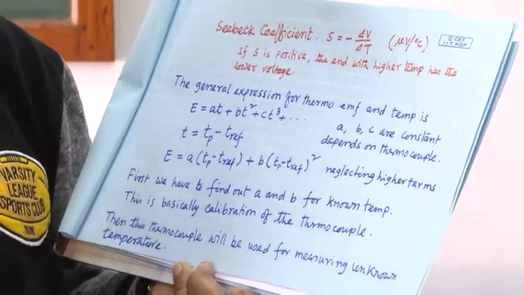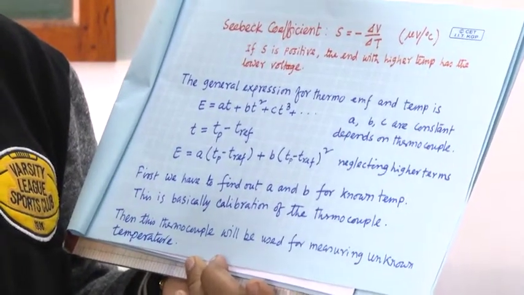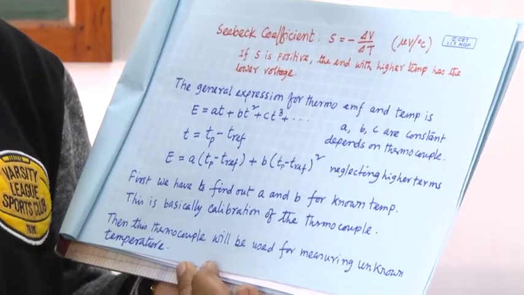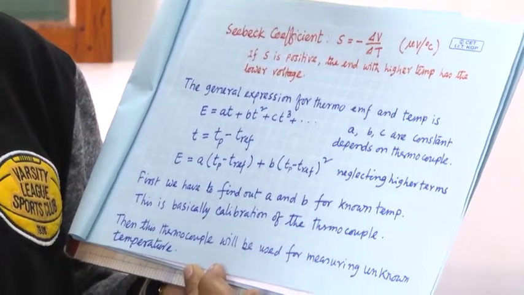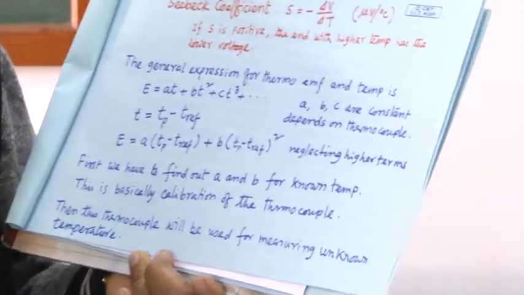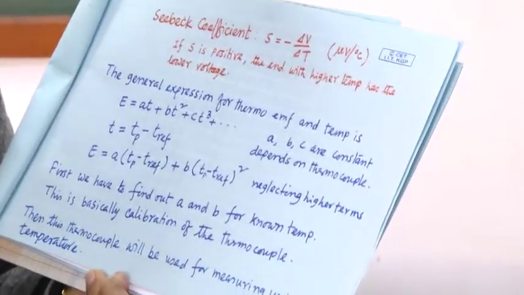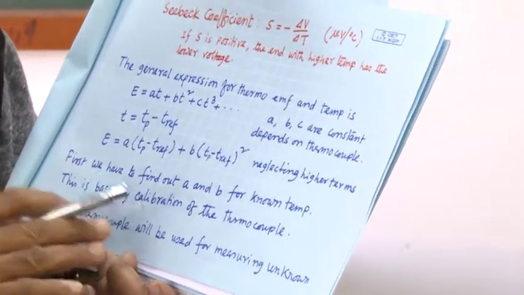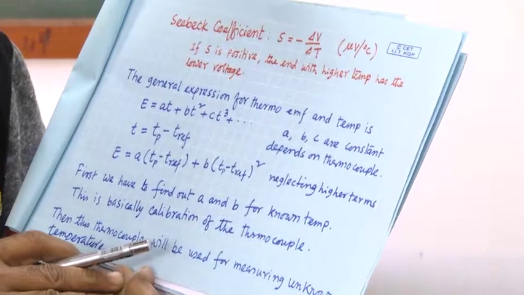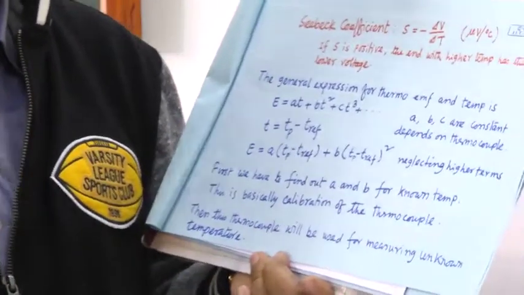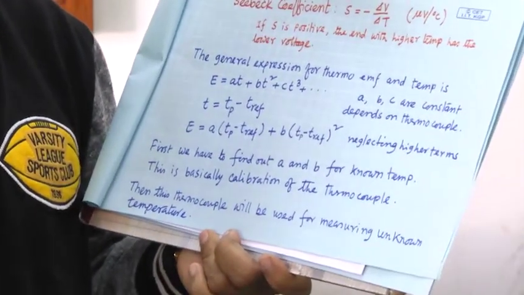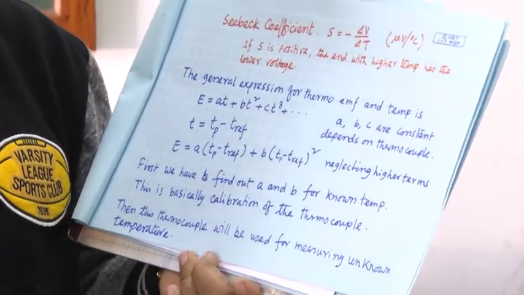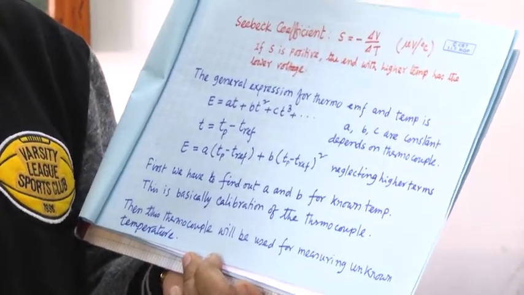One can be the boiling temperature of water, another can be another standard temperature. Or people also do this: one can be room temperature and another the boiling temperature.